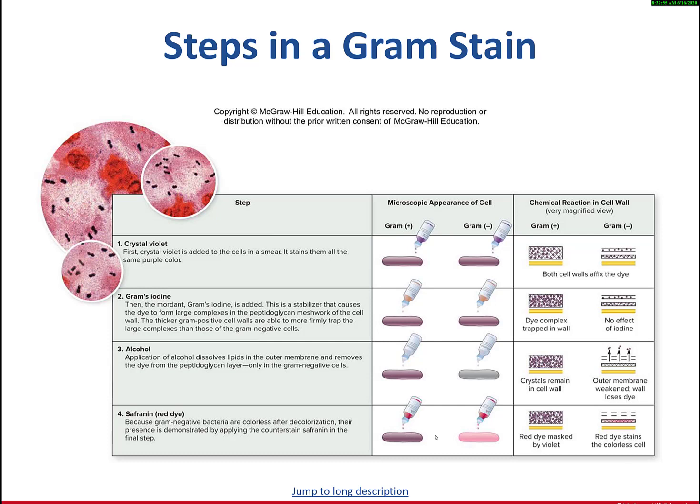Even though you put on a very faint pink color of the safranin dye, the crystal violet is so dark and overwhelming that you don't see it. So it's of no consequence to the crystal violet stained bacteria. However, the unstained gram negatives take up the counterstain very nicely and turn pink. So we have purple and pink: gram positive purple, and the pink or reddish is gram negative. And that is the essence of the gram stain.